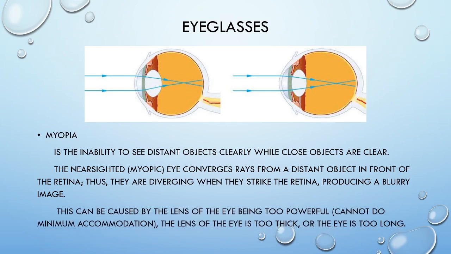This can be caused by the lens of the eye being too powerful, or in other terms, the lens cannot do minimum accommodation. The lens of the eye is too thick, or the eye is too long, so that the distance from the lens to the retina becomes too far.